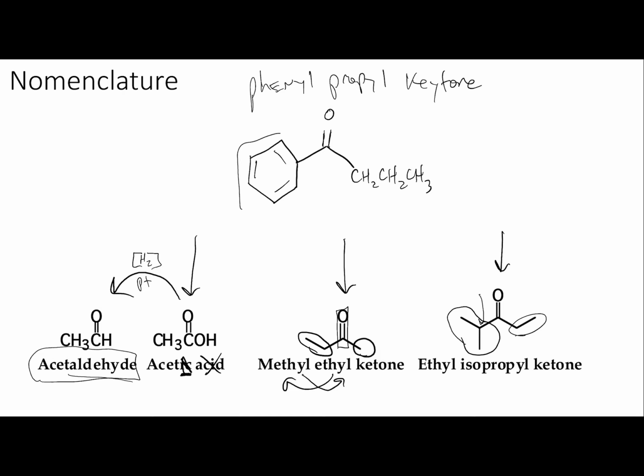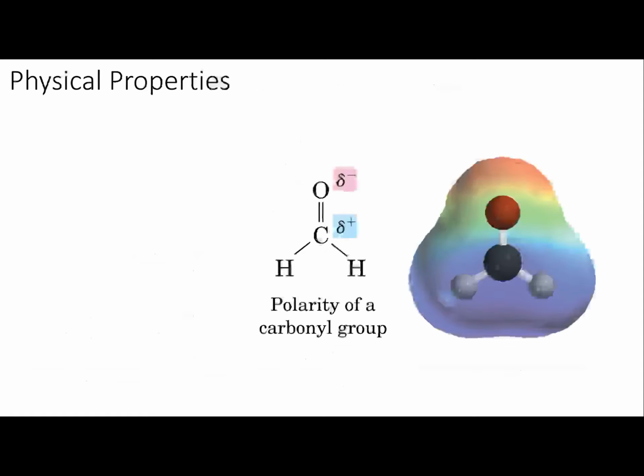It's not a benzyl, even though it's a benzene. Benzyl has a CH2 on it before it would connect. There's an extra little piece that goes with benzyl. This is phenyl propyl ketone. But again, that's kind of how we would use the common name. We'll come back to naming some aldehydes from carboxylic acids when we get to that chapter.